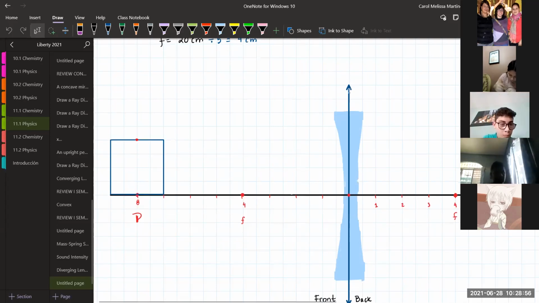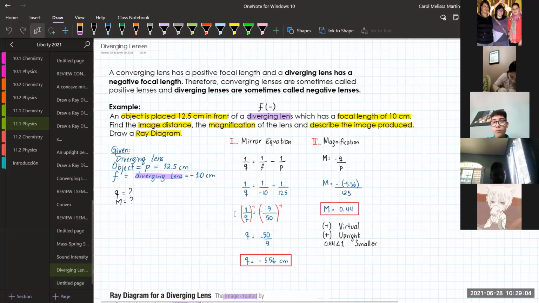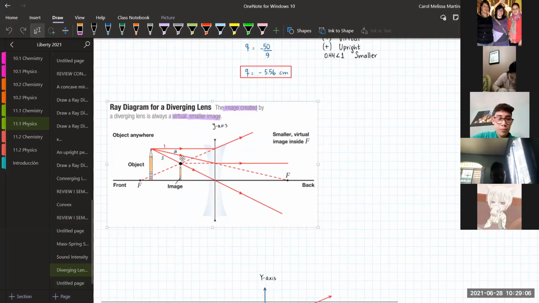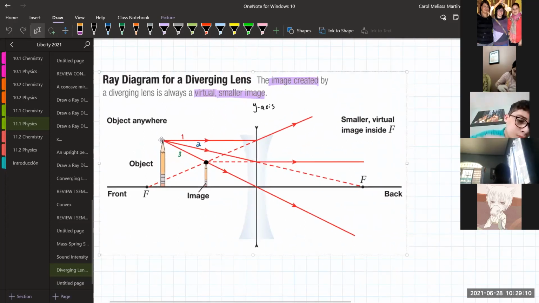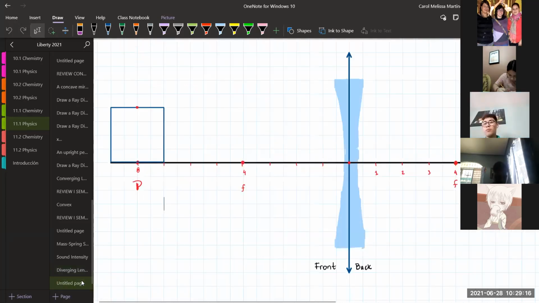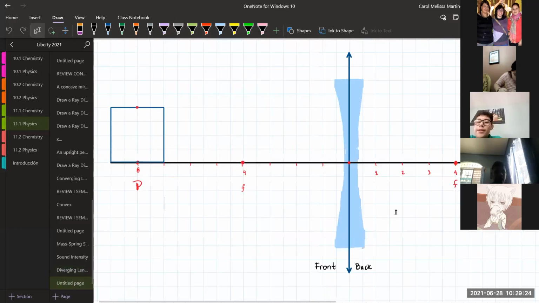Now, the sketch that we need to follow is the one that I sent you to the group the other day, which is this one, okay? So, in this one, remember, the first ray from the top of the object goes horizontally to the center y-axis, and then it turns back to the focal point in front of the object.